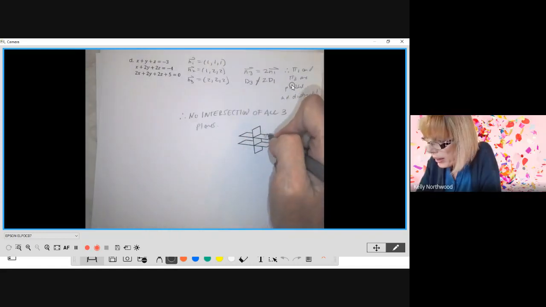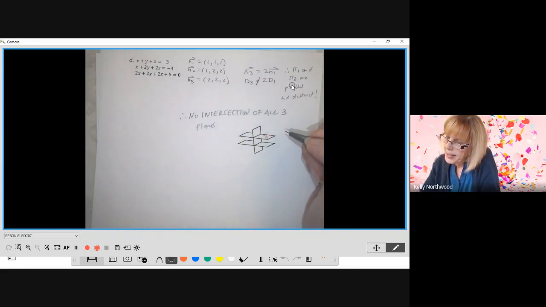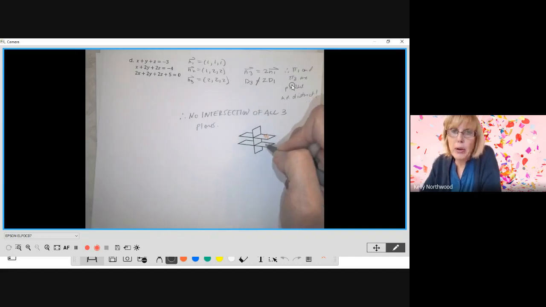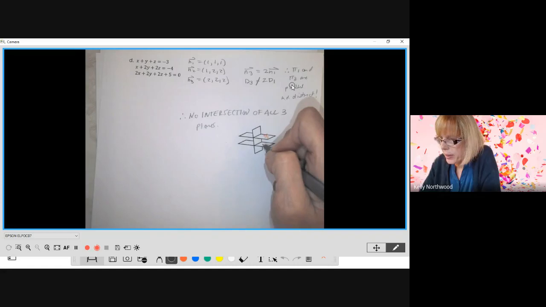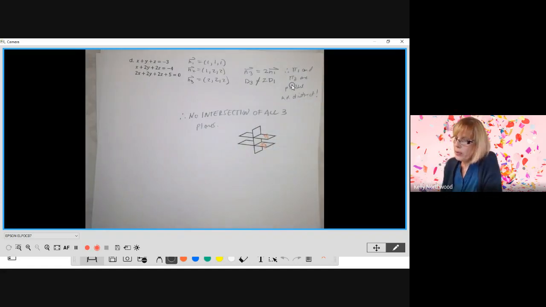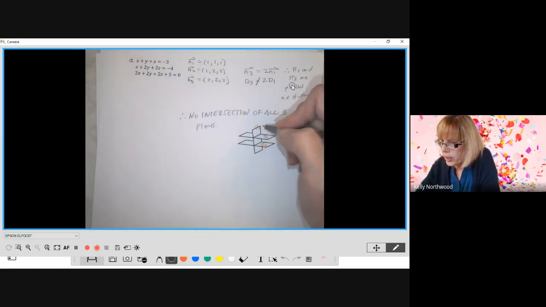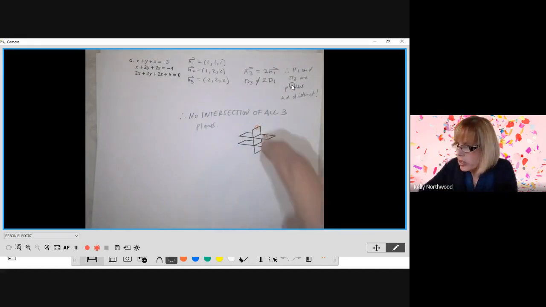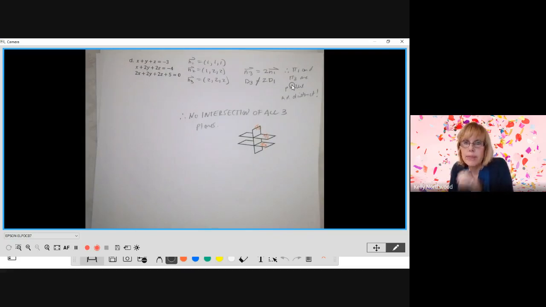I don't know what to call this one. It always reminds me of when we're learning angles in grade 9 with the transversal and the two parallel lines, but in 3D. So that would be pi 1 and pi 3 as the two parallel planes, and then pi 2 would intersect them at an angle, but there's no intersection of all three. There's nowhere you can touch where all three planes are touching at once.